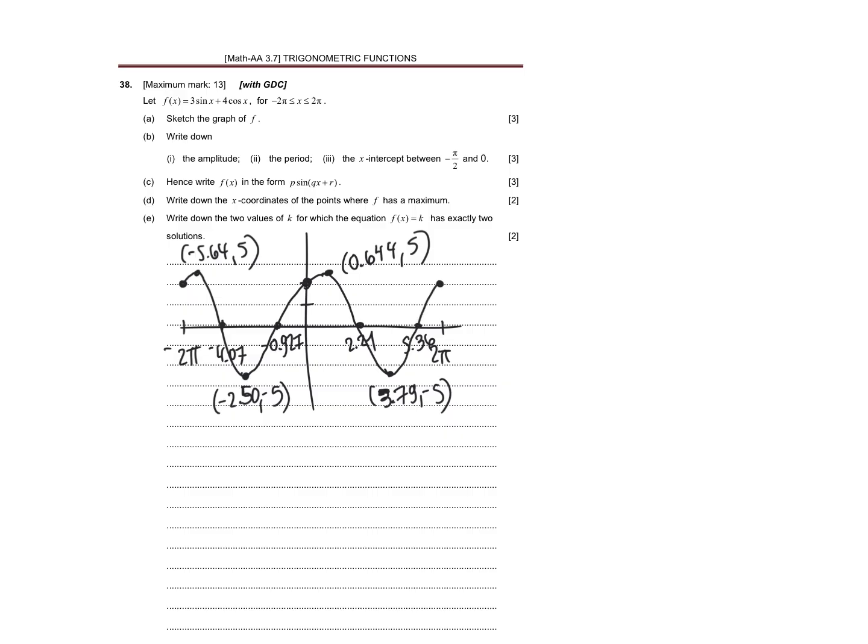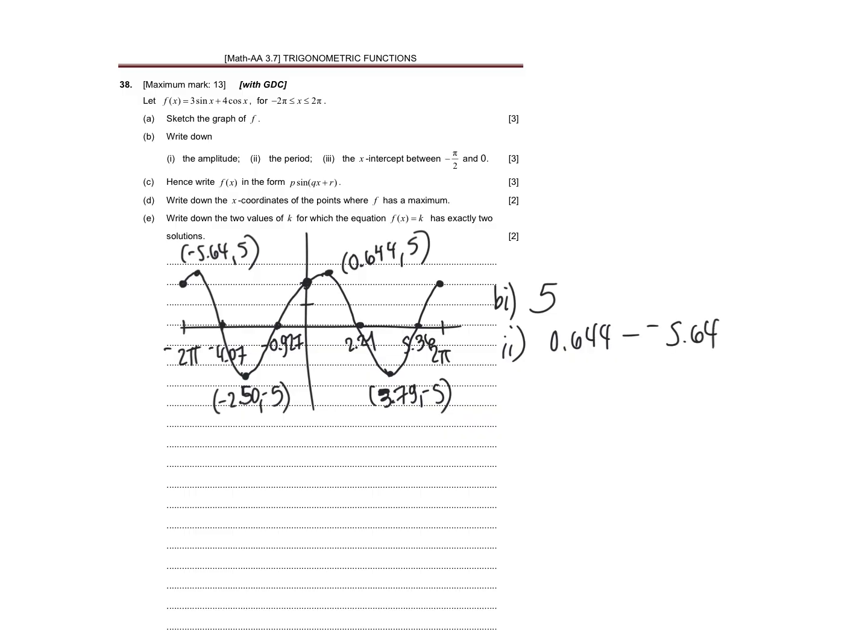Write down the amplitude. So it goes from -5 to 5. So amplitude's 5. And write down the period. So between a max, we've got 0.644 minus a -5.64.